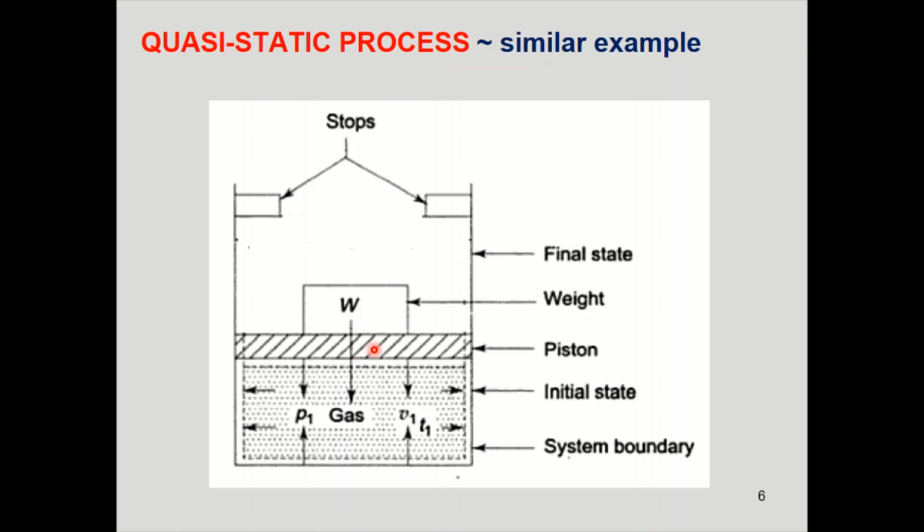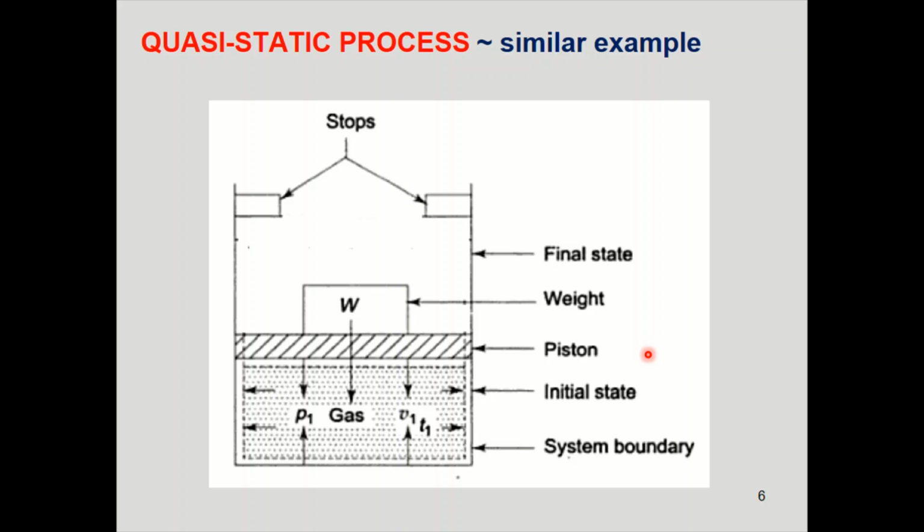If we withdraw this weight, the piston will definitely move up. Withdrawing this weight is an external stimulation. Weight is nothing but a force, and because of this force the piston remains here. The moment I withdraw this force, I am giving a stimulation to the system.